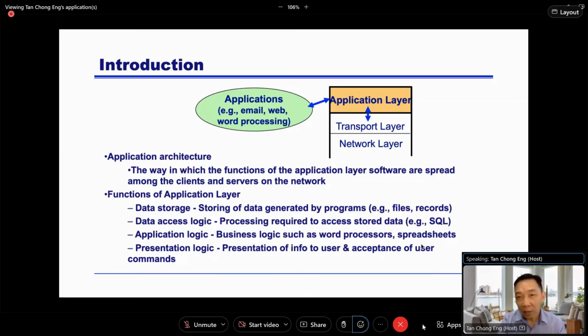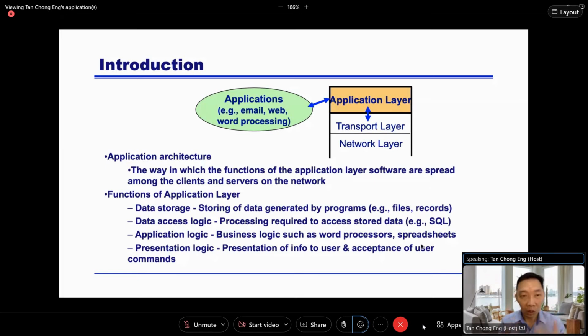And at the application layer, even though we're running software, our software can be categorized into 4 different functional categories. The first one is data storage. You have to have a place to store your data. For example, a website is hosting a lot of information. So when the user browses through different websites, they will be able to get their information.